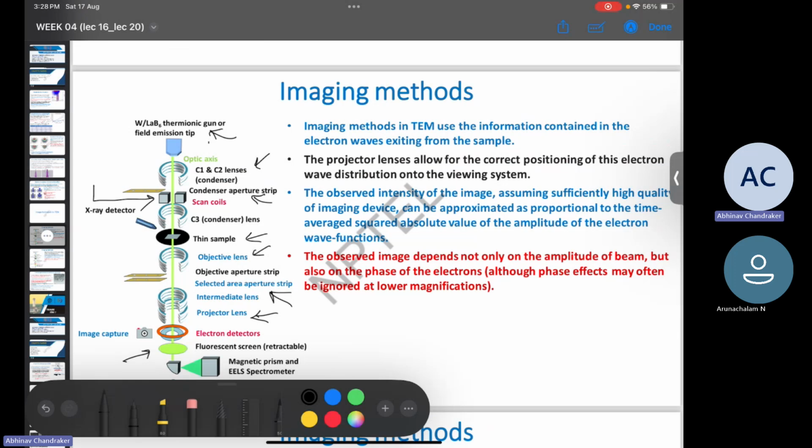When I say that it scans in a raster fashion, I just mean that if this is the specimen, then the fine electron beam will start from one point on the specimen, and it will move in this kind of manner.